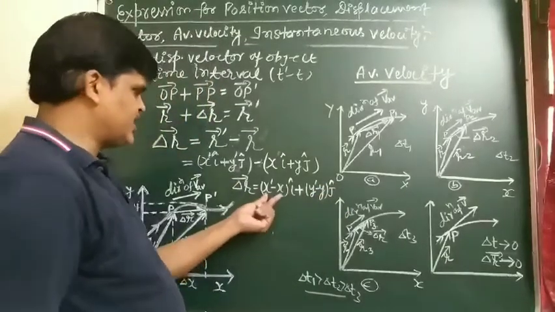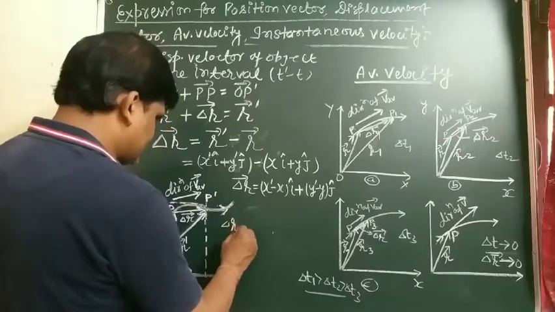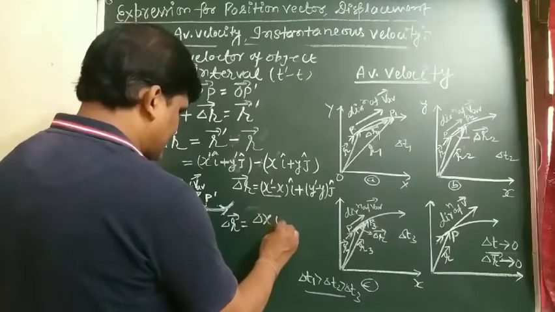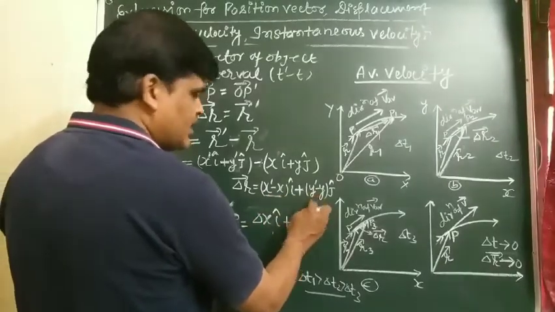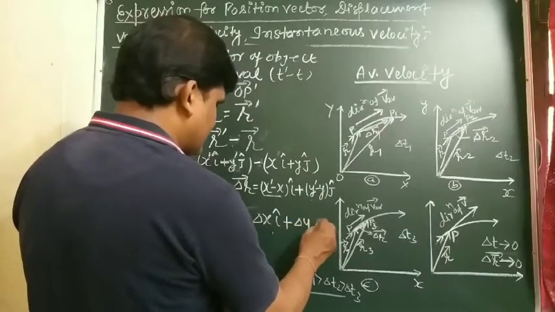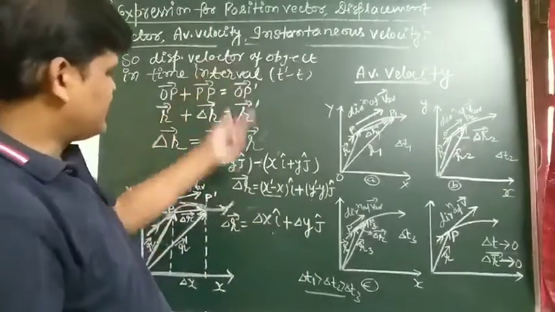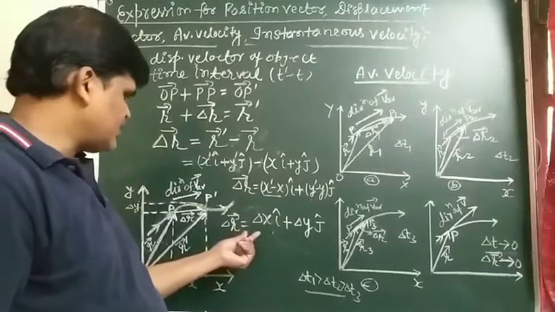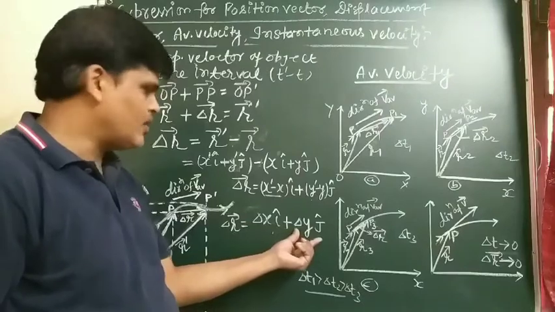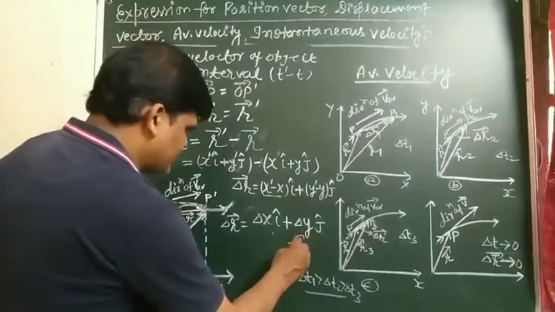This x dash minus x is delta x, and y dash minus y is delta y. So the displacement vector is delta r equals delta x i cap plus delta y j cap, and this is equation 1.